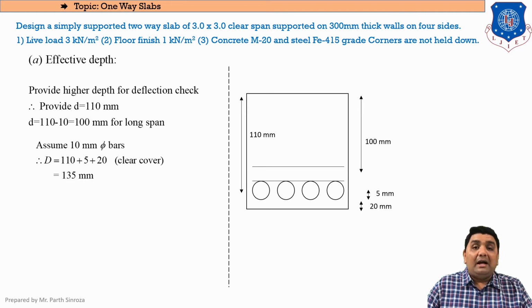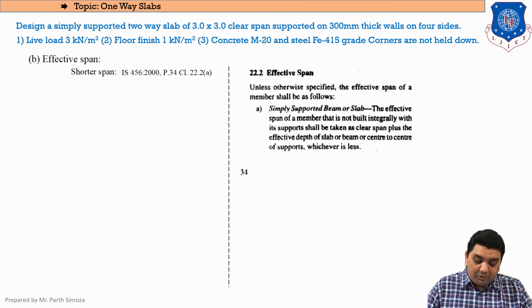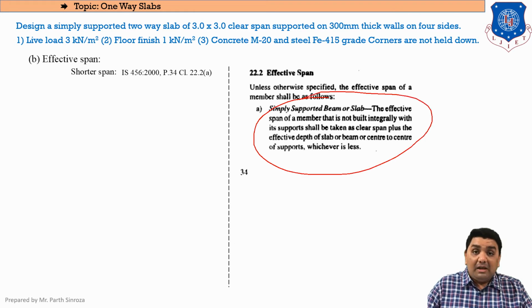Now moving further, step 2 will be the calculation of effective span or effective length. This step will be the same as we have seen earlier too. So we first will be finding it for the shorter span. For the shorter span, we'll always look to page number 34 of our IS code. You can see the equation prescribed here, and it is given as two cases.